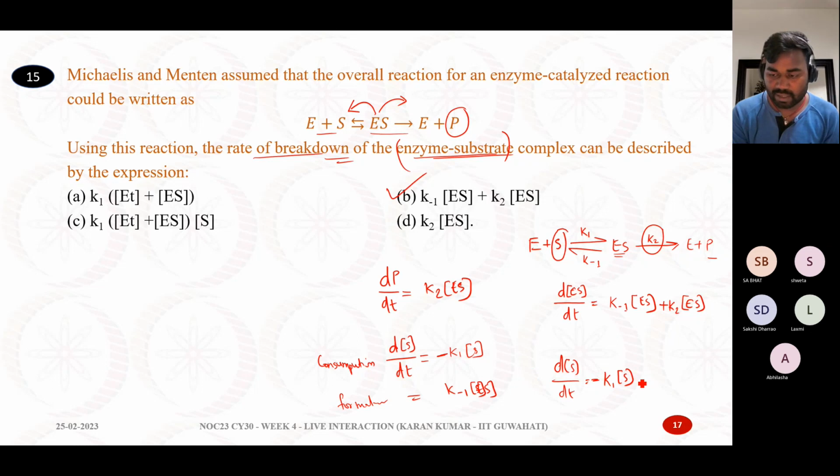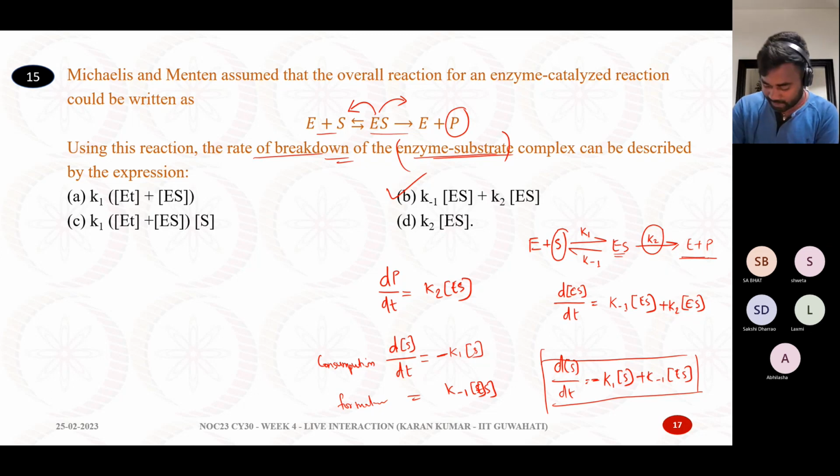Minus K1 S plus K minus 1 ES. This will be the change in substrate concentration, because till here it exists in the equilibrium phase. After this, when it is going towards the product formation, this rate is very rapid. I hope it is clear, right?